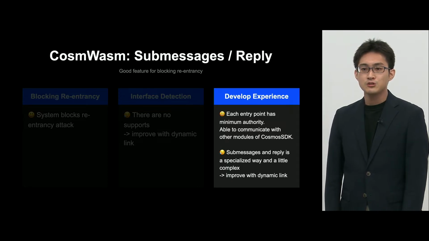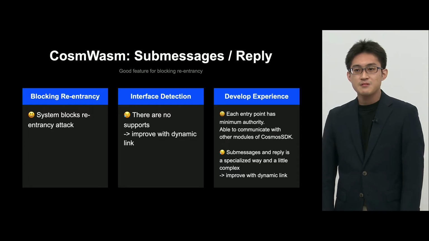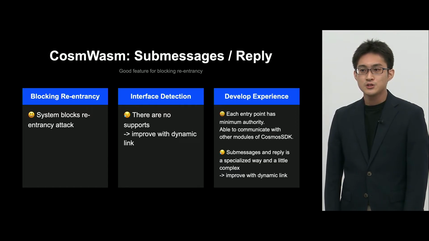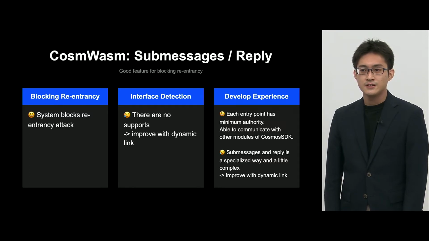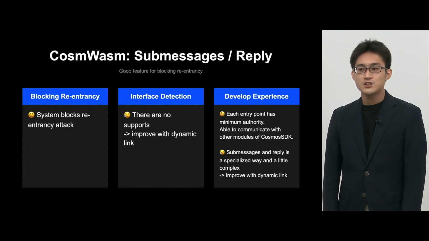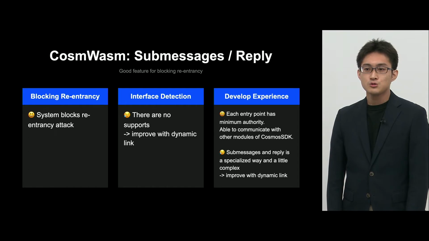That is, you have to get used to submessage and reply. As a whole, submessages and reply are unique methods, and with them, it is possible to work with other modules of the chain and also control the access and prevent reentrancy.